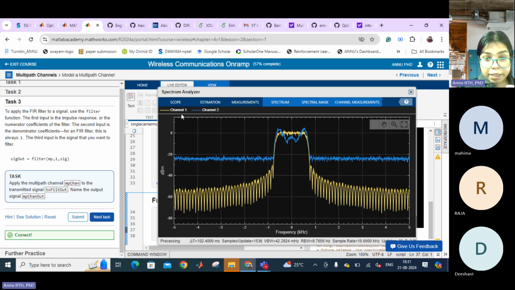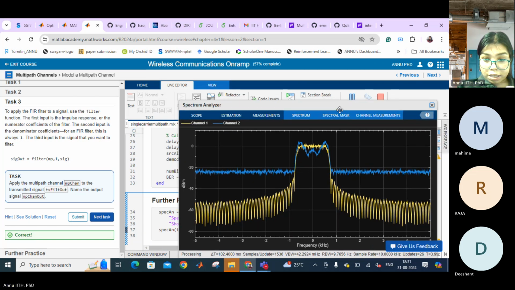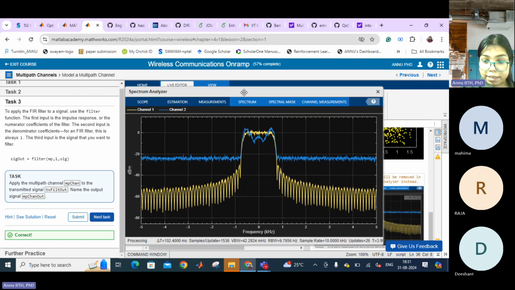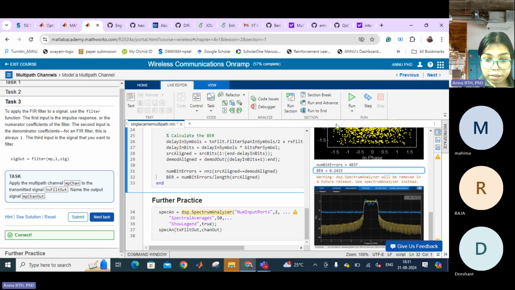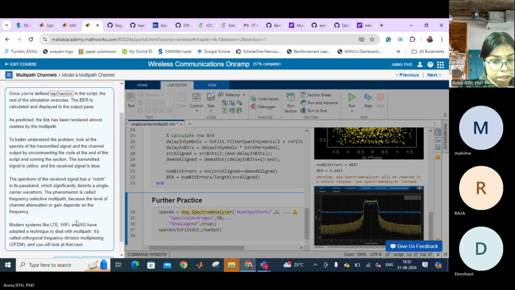You can see channel 1 and channel 2. Let's say first channel 1. This is a spectrum analyzer, which we basically have in our labs also. Channel 1, channel 2: in the class we saw it was transmitted and received.